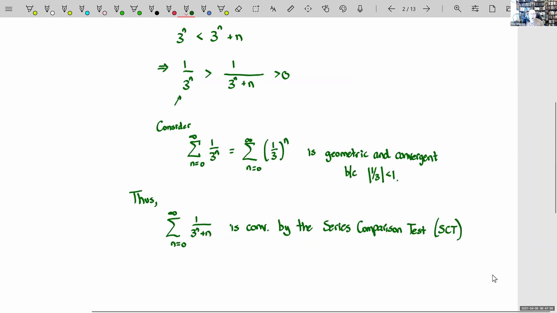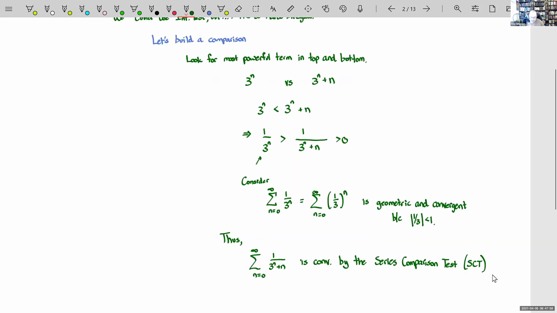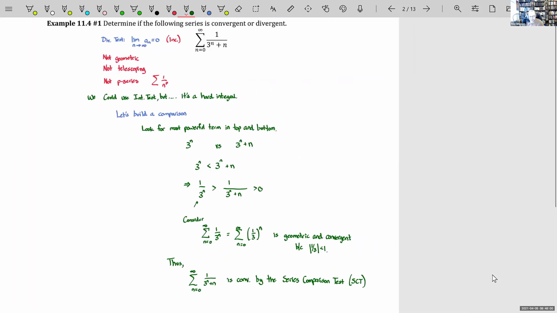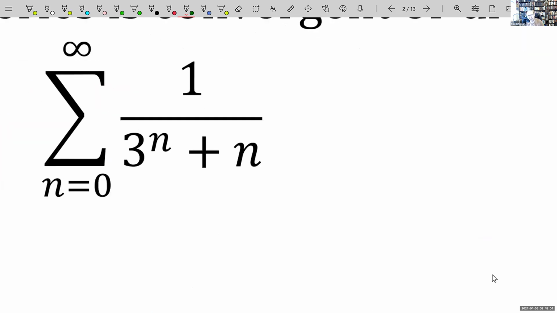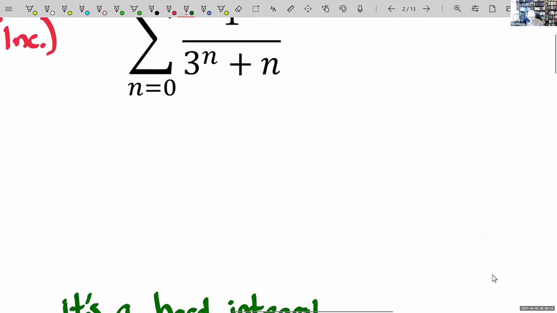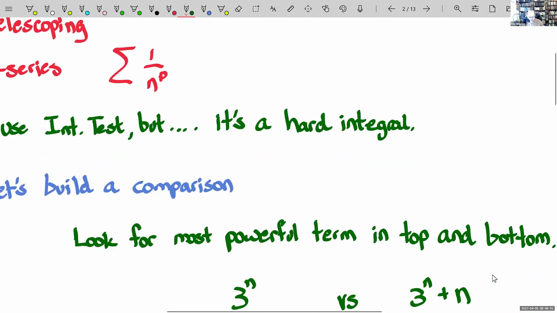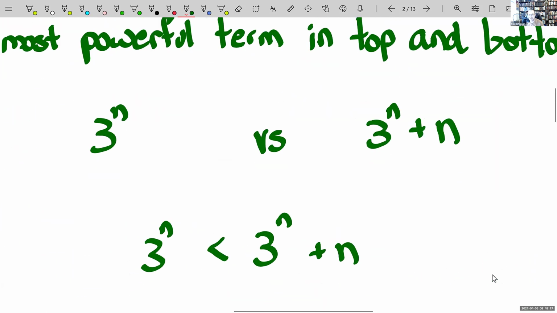Now, I did a lot of talking during that, but the reality is it's very fast to do this. If I see this, I just think, okay, it's not geometric. I know the divergence test is not going to apply, and I don't want to integrate that. So I'm going to compare. And I'm immediately within 10 seconds already at this inequality.